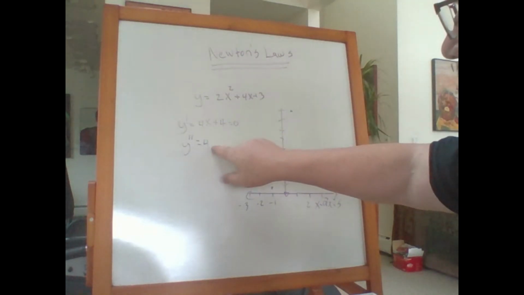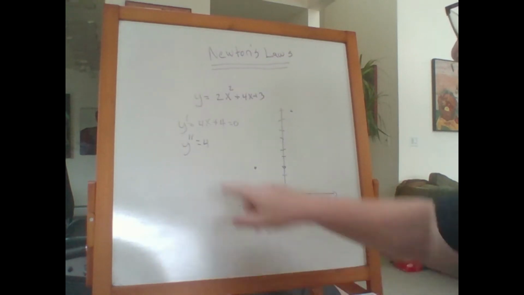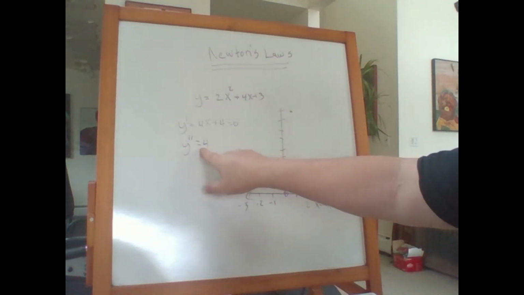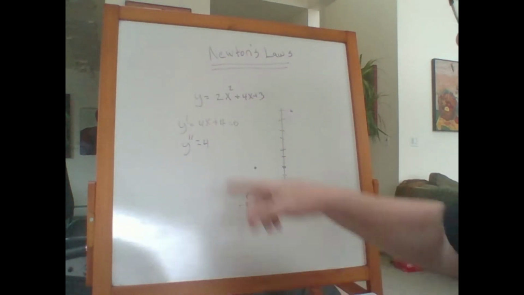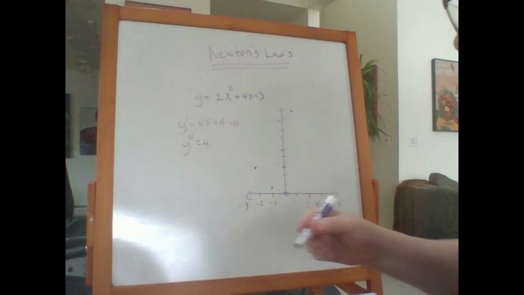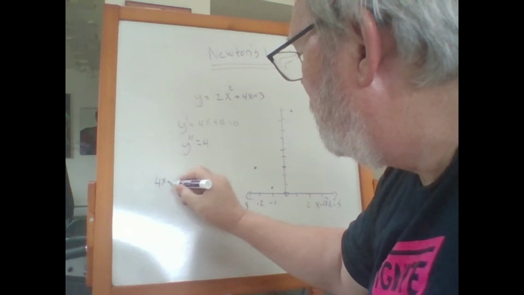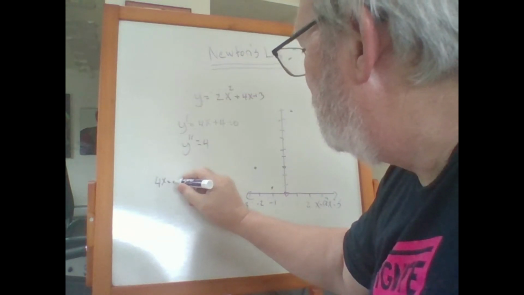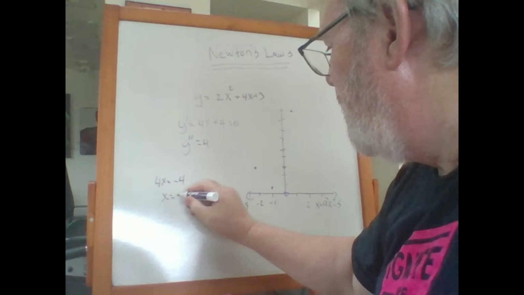Inflection points only occur when you can set the second derivative to 0. So what we have here is positive and will always be positive, so it's cup-shaped. We have 4x + 4 = 0, so 4x = -4, x = -1.